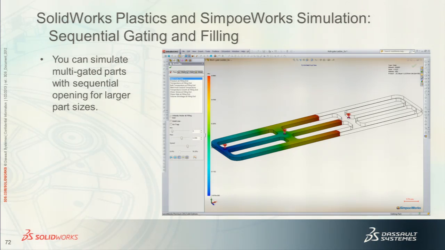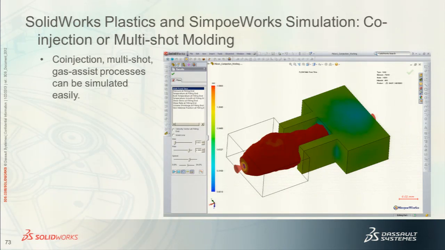A lot of large automotive parts use multiple sequential gates, like a dash panel, an injection molded dash panel. It's so large you need multiple points to inject your material, but you also want to use the flow front and then sequentially open up gates that follow your flow front for an even fill. But you can simulate that in Simpo.